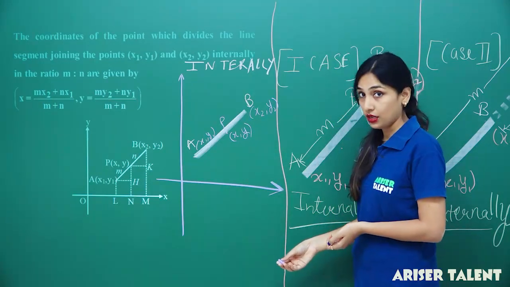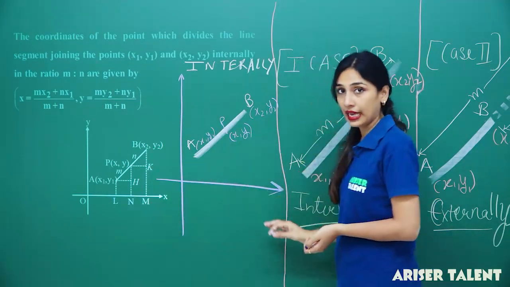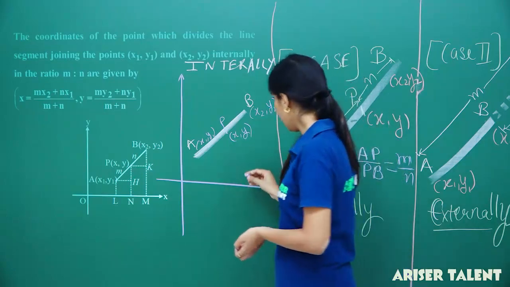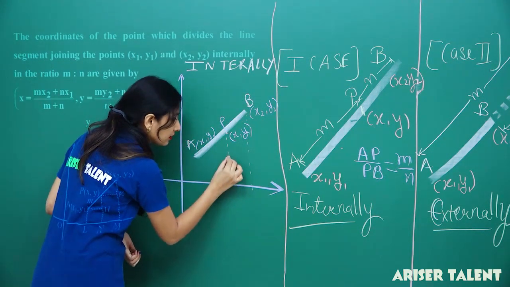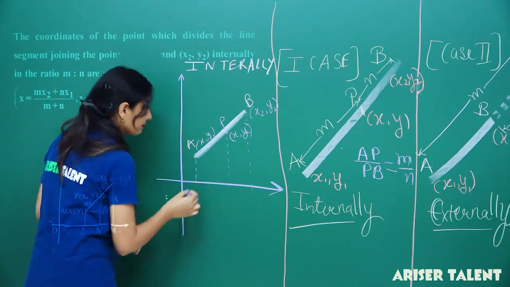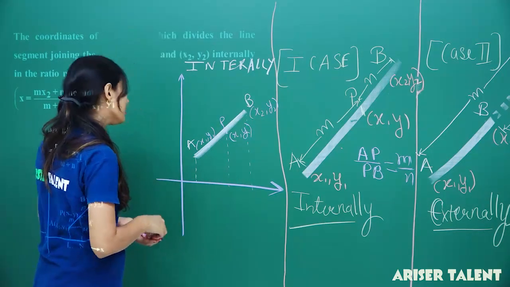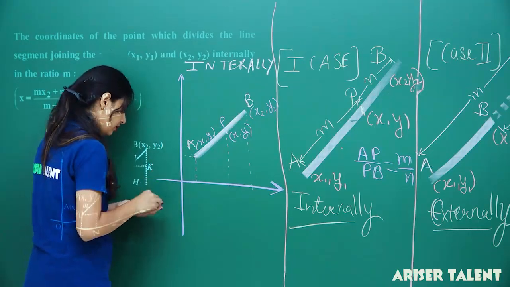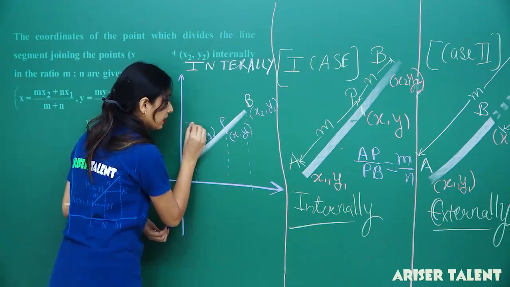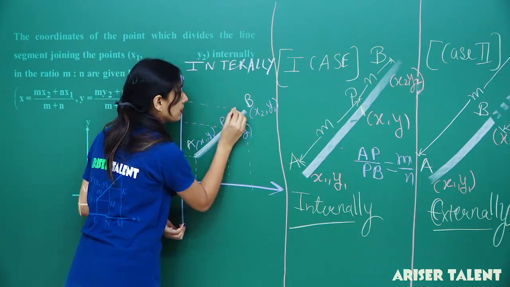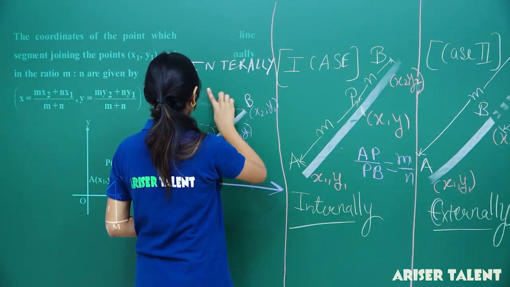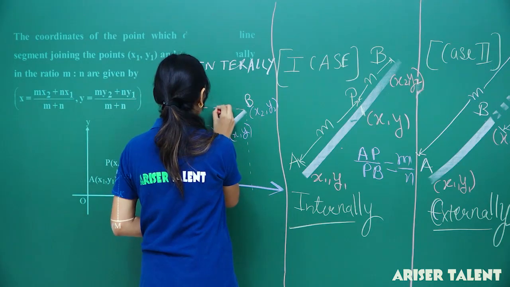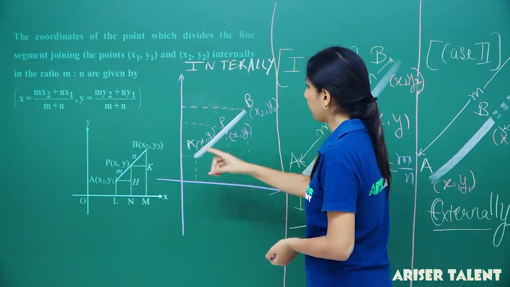Now, if I show them on the axis, what I have to do is just mark these points on this axis. Again, if I'm having this axis, I'll be having this axis also. These are the points here.